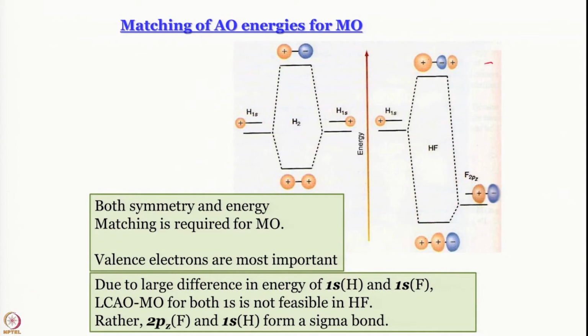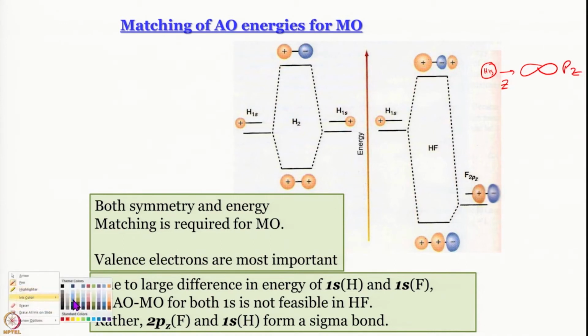See, let us say this is my 1s orbital from hydrogen. So, let us say this is z axis, direction of approach. This is Pz. Since color is free, let me use colors.